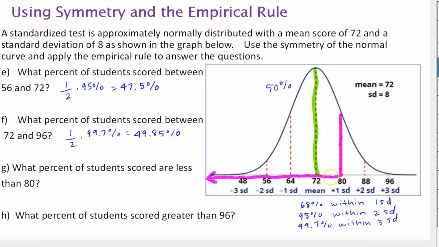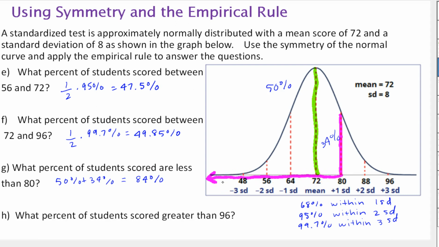And then remember from the previous problem, within 1 standard deviation of the mean, these 2 together is 68%, but each piece is 34%. So this piece right here is included in the 50%, and this piece here is 34%. So if we add these 2 together, we have 50% plus 34% gives us a total of 84% who scored less than 80, excuse me.